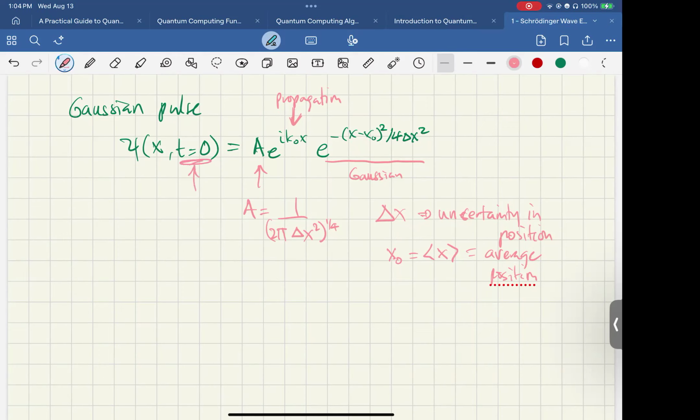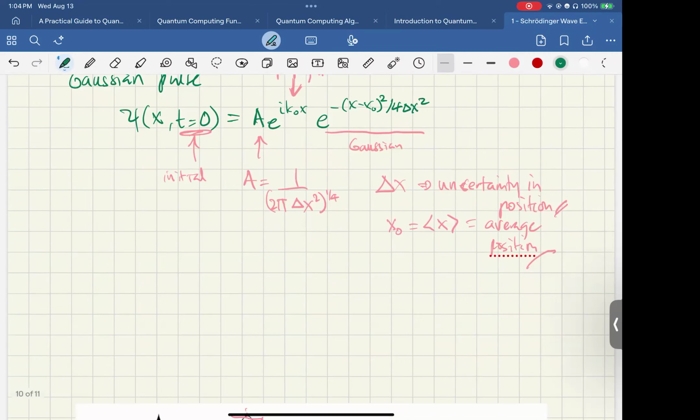So, we consider muna yung initial average position and initial uncertainty in position. So, what is the probability density at time t equal to 0?